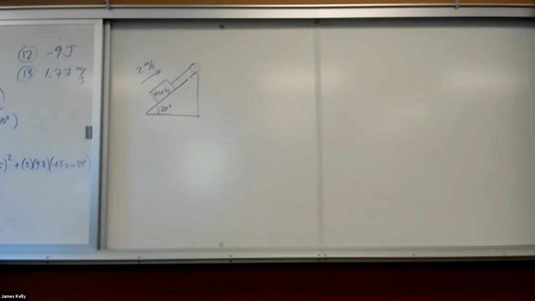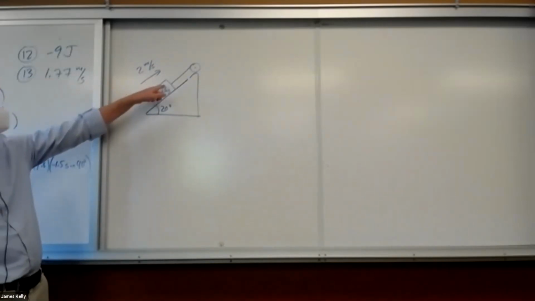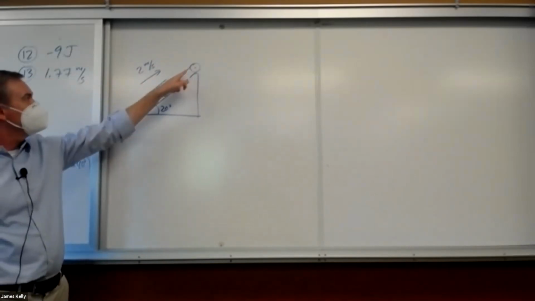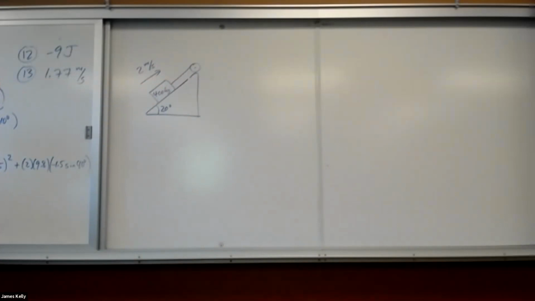And the question is, what's the power being delivered to the block, or the block plus earth, where gravity is an internal force? Doesn't matter as long as your system includes the block. What's the power that the rope force, or the winch, is delivering to the block while this is happening? It's being raised up at a constant rate.